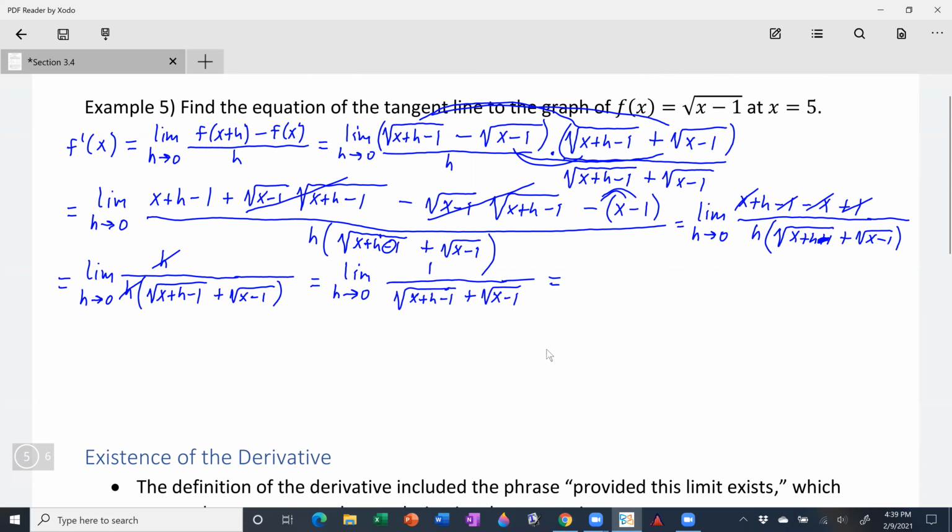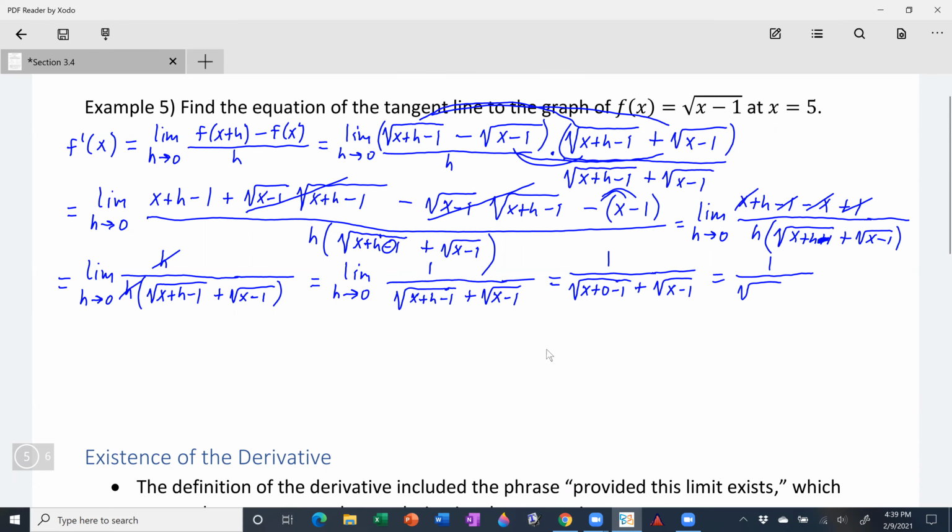Now, don't write limit anymore because we're going to go with direct substitution. So 1 over, plugging in 0 for h, root x plus 0 minus 1 plus root x minus 1.